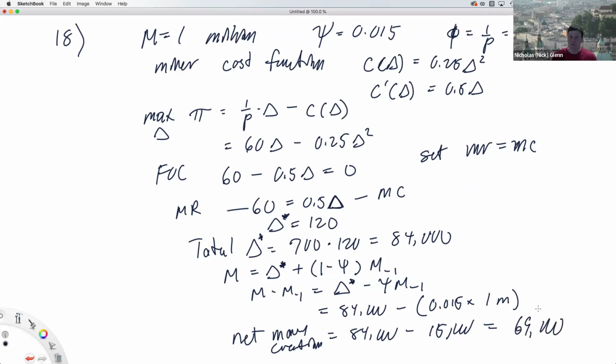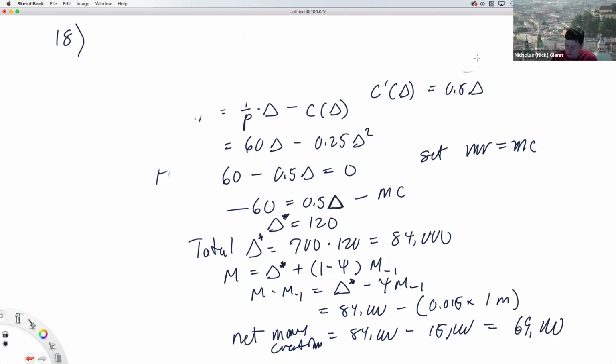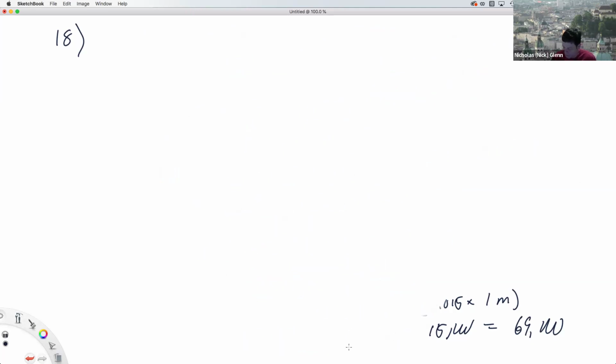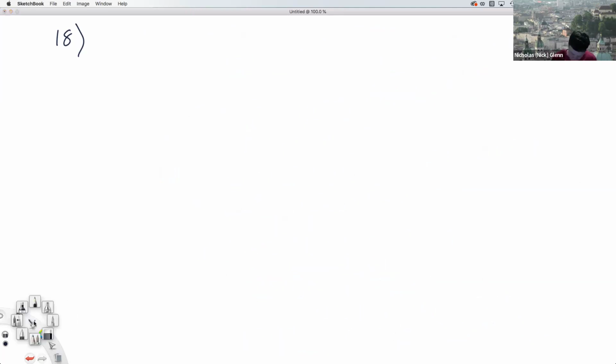Okay. All right. So the next part was, well, what's going to happen to net money creation in the next period? Is it going to increase or decrease? So let's talk about what's happened here. All right.